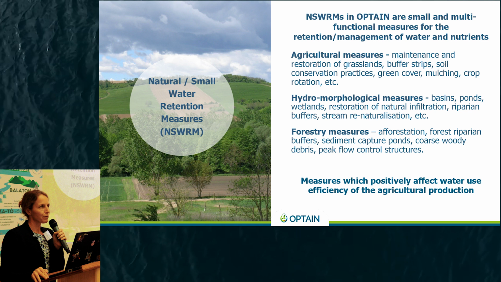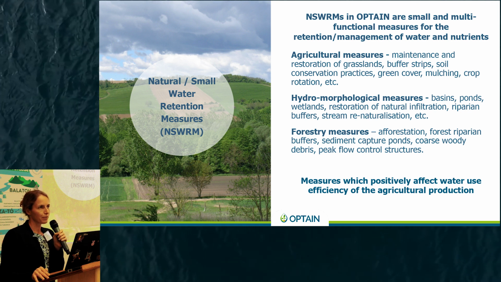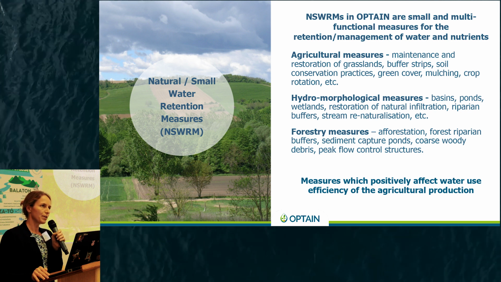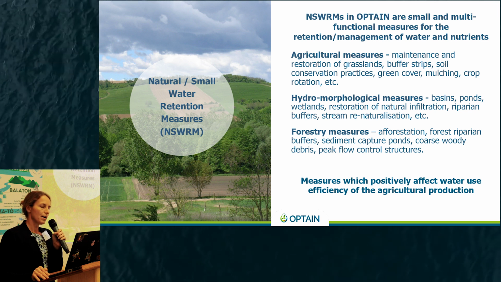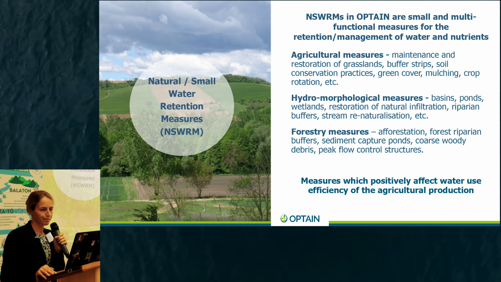But of course, we have linear measures as well: riparian forest buffers, and afforestation is also interesting. And we have case studies mainly from the Boreal regions where wetland is also an important measure.